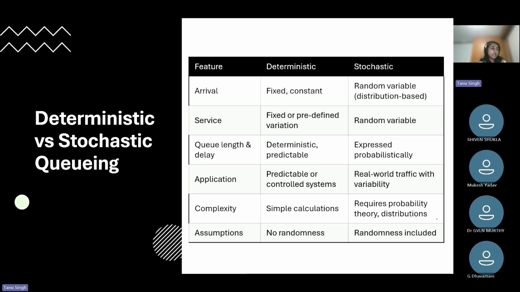In stochastic analysis, both arrival and service rates are random. Results are probabilistic rather than exact, and this approach is more realistic for real-world situations. Both require probability theory and understanding of distributions. So, in short, deterministic is simple and predictable, whereas stochastic is complex but realistic.